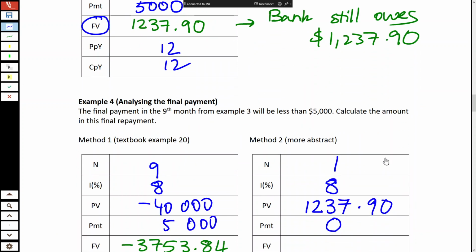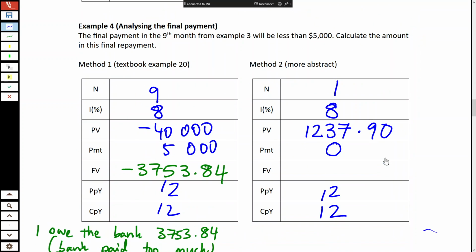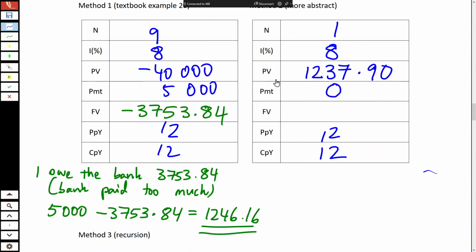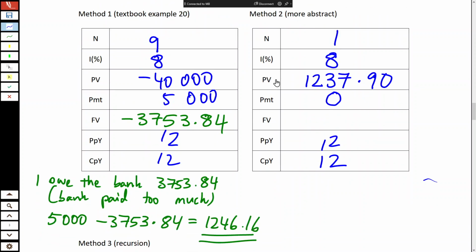Why? What have you done? I don't know what's happened. The value that you use, the top one or the bottom one? Oh, sorry. I think this is right now. Negative 1,246.